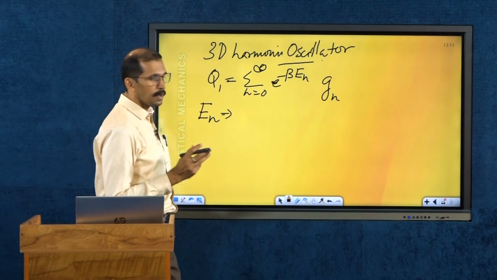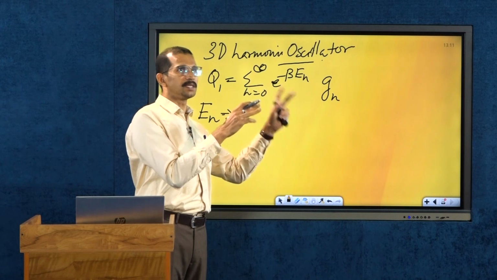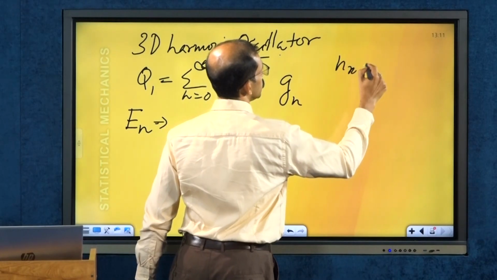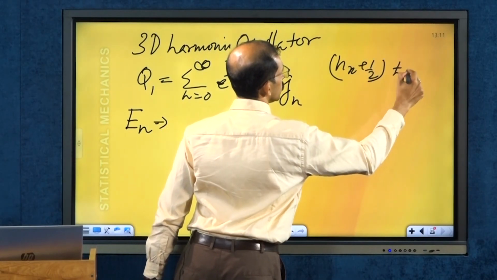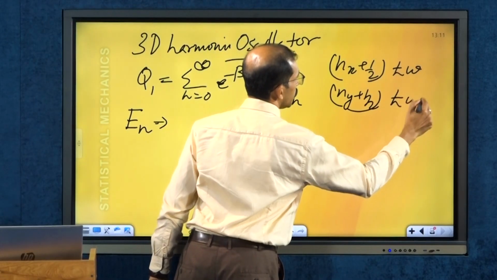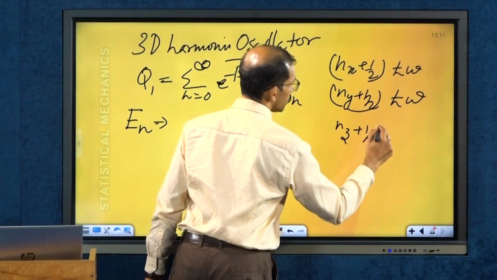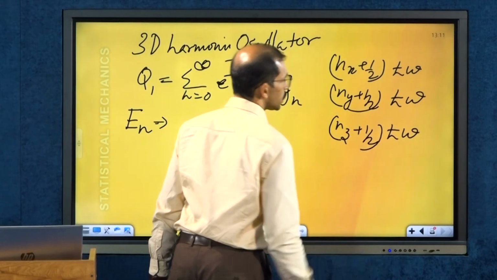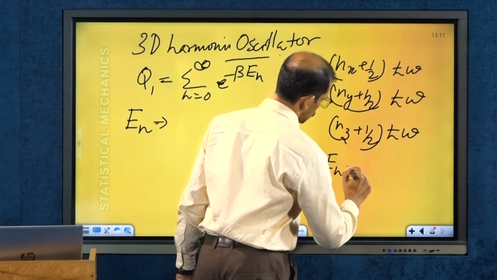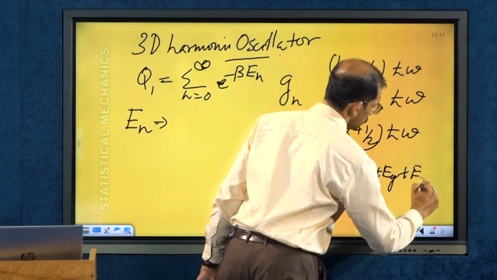Now you will know better because we have already done the case of the 2D harmonic oscillator, and there we have Ex is equal to Nx plus half h cut omega, Ey is equal to Ny plus half h cut omega, Ez is equal to Nz plus half h cut omega, and En is equal to Ex plus Ey plus Ez.